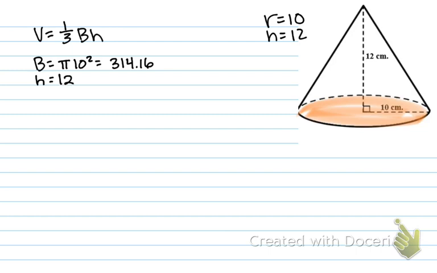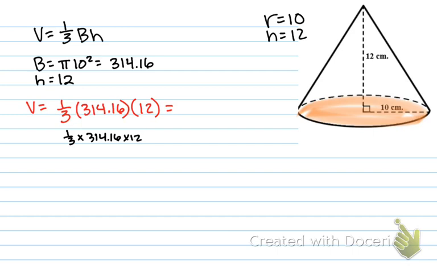When I put that in the calculator, I should put 1/3 times my area of the base, which is 314.16, times 12. I'm going to put all of that in the calculator. Again, you can put it like this: 1/3 times 314.16 times 12.